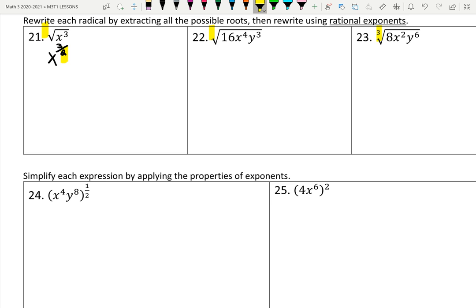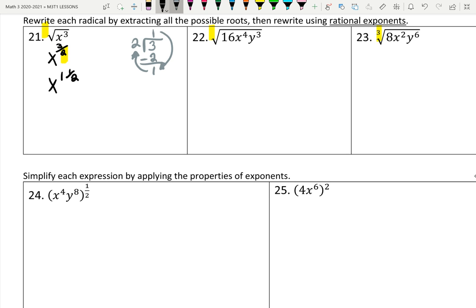I go ahead and divide this. I ask myself, how many times does 2 go into 3? Well, if I do division, 2 goes into 3 one time. I have 1 and 1/2 left. So this is going to be x to the 1 and 1/2.